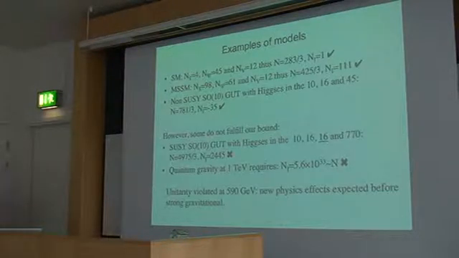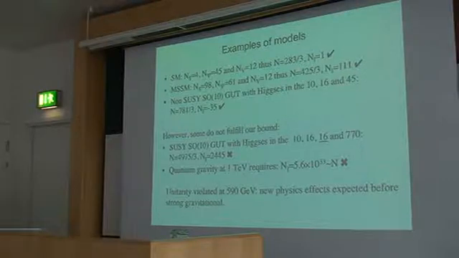Okay, so let's now discuss a few examples. As you guessed correctly, the standard model is fine. You have 4 real scalar fields in the standard model, 45 fermions, 12 spin-1 particles, and you find that n is 283/3, so that's fine. In the minimal supersymmetric standard model, again, you're fine.